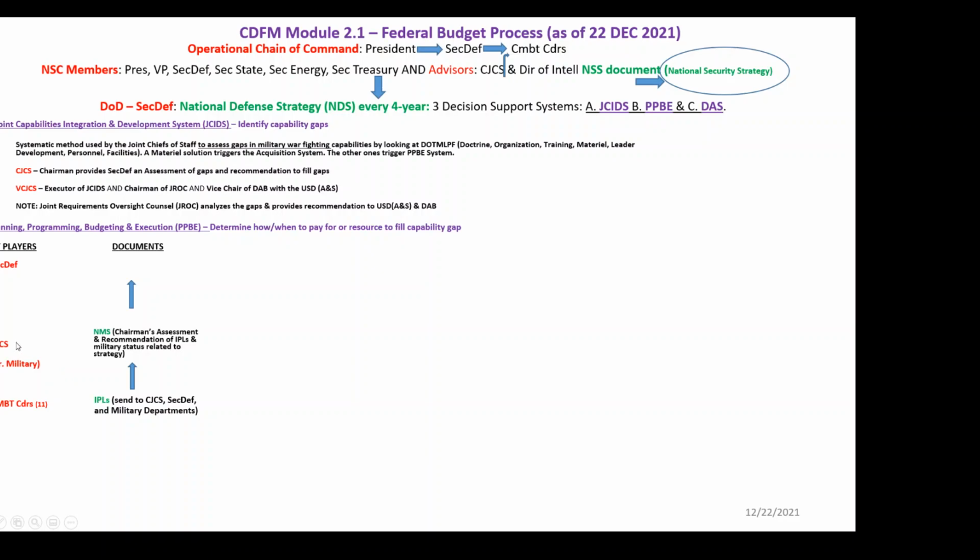As mentioned, you have the chairman of the Joint Chiefs of Staff, who also, remember, has the joint staff. He's got an Army representative, Navy, Air Force, Coast Guard, Marines. All of those representatives report to the chairman. So the chairman does his assessment from recommendations from those supporting staff, and then the chairman will provide his recommendation of the IPLs and the military status related to strategy up to the SecDef.